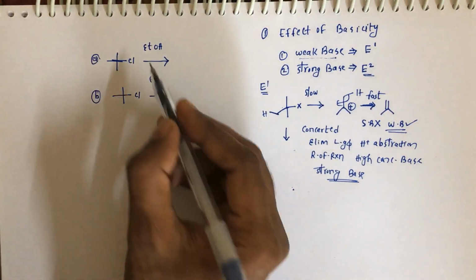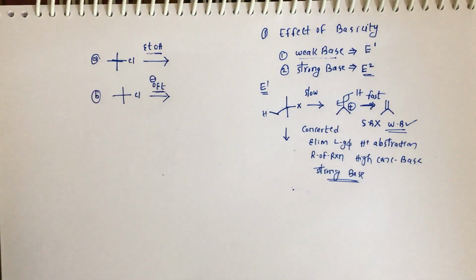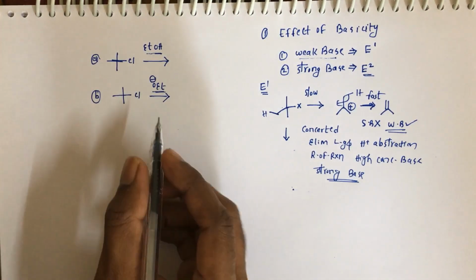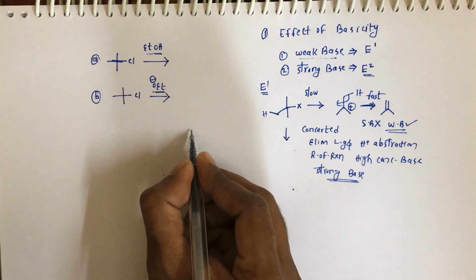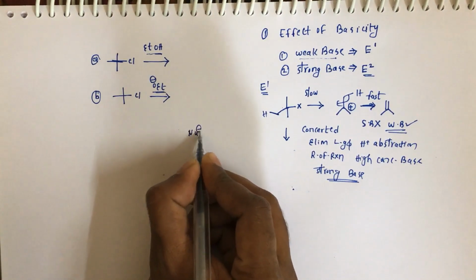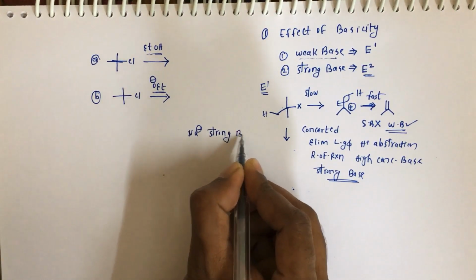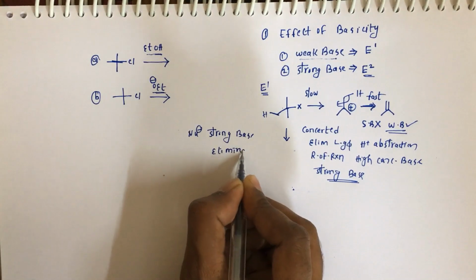Here we have to look at the base. We know that if a nucleophile is a strong base, then elimination is favorable over substitution, right?